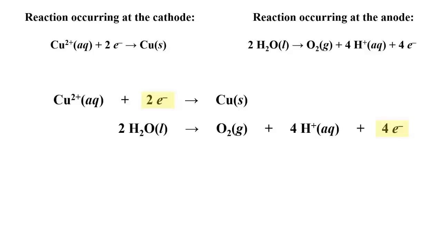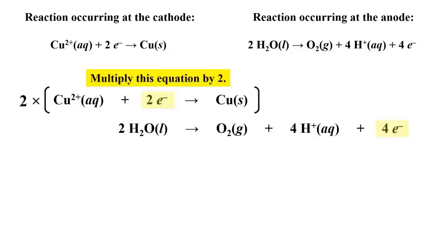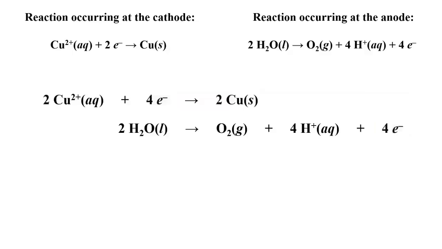So what we have to do before we can combine these two half reactions together is make sure that the electrons will cancel out on opposite sides of the equation. So what I'm going to do is multiply the reduction half reaction by 2 in order to get the electrons to cancel out. Now when I multiply that equation by 2, my coefficients from left to right become 2, 4, and 2.